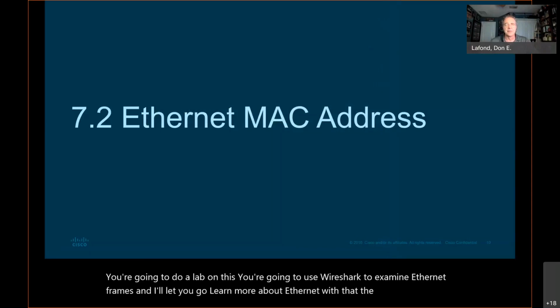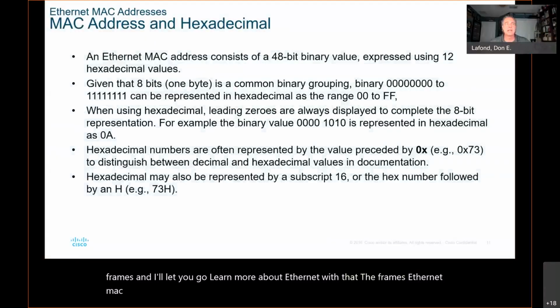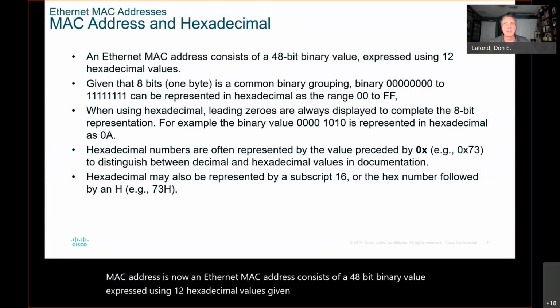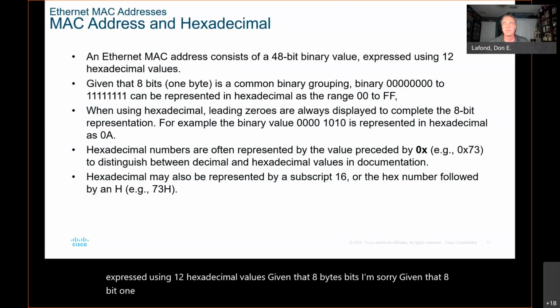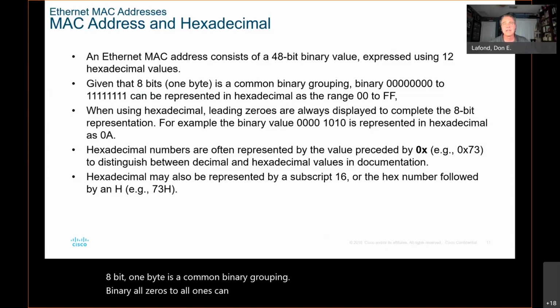Ethernet MAC addresses. Now, an Ethernet MAC address consists of a 48-bit binary value expressed using 12 hexadecimal values. Given that 8 bits, 1 byte, is a common binary grouping, binary all zeros to all ones can be represented in hexadecimal range of all zeros to FF, which is all ones.